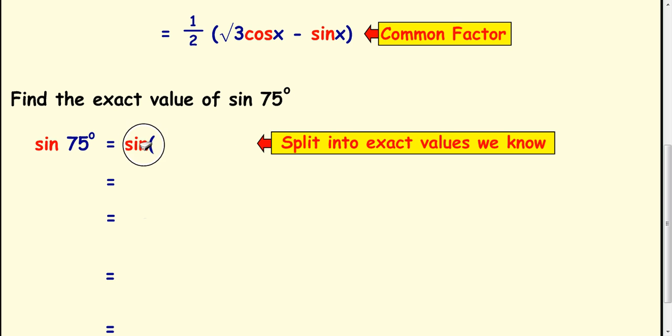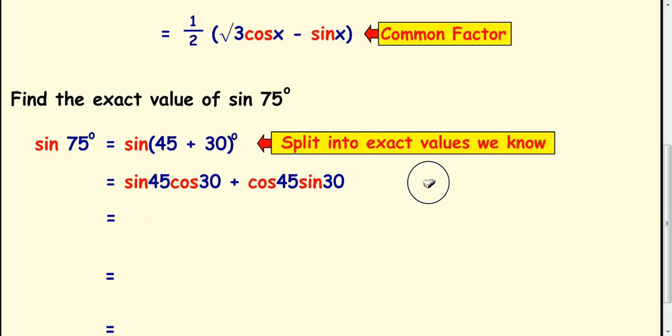And the exact values we do know are 45 and 30 to make up to 75. And then we can expand this using our addition formula and work it out. So we're thinking sine cos cos sine, so write that out. And then these are multiplied and then added to these two multiplied.